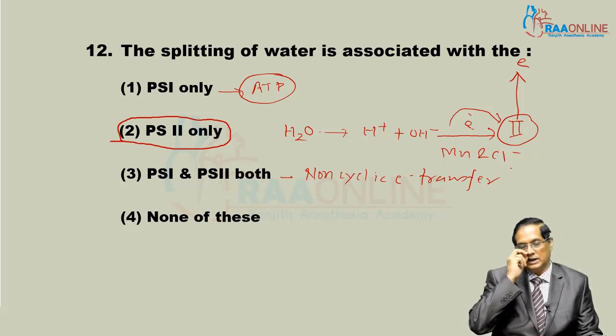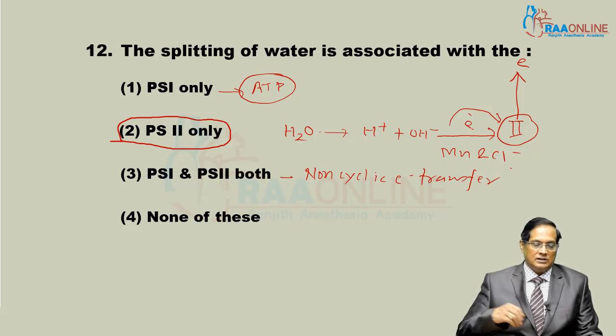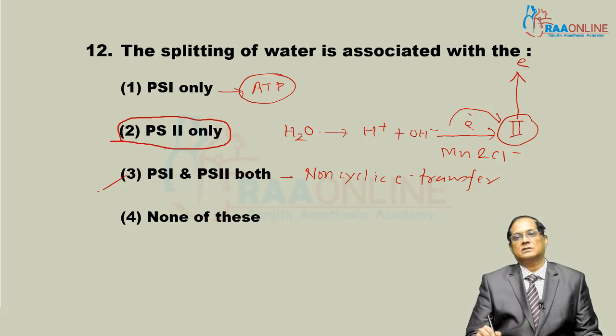That is, lysis of water, second oxygen evolution, third NADPH2 formation, fourth ATP generation. That's why it has multiple uses when both systems interact.